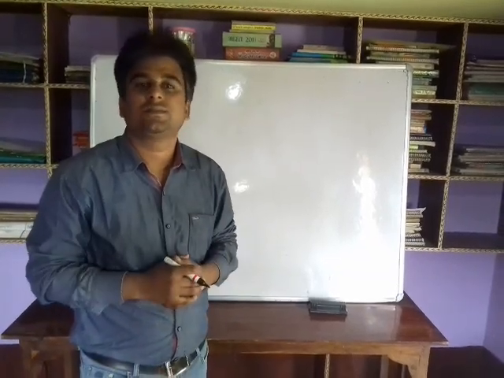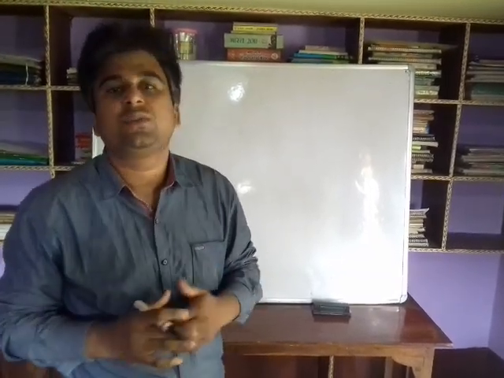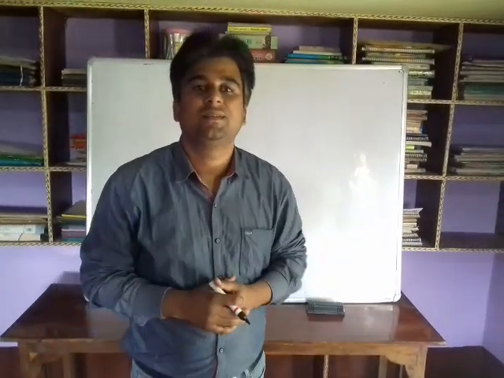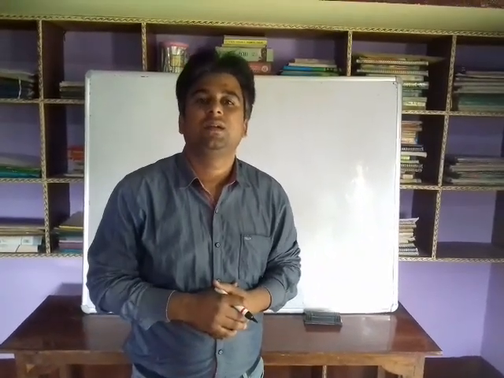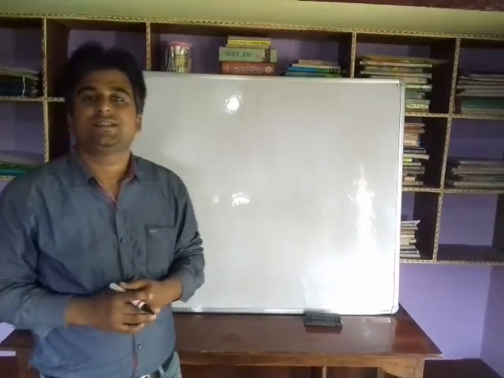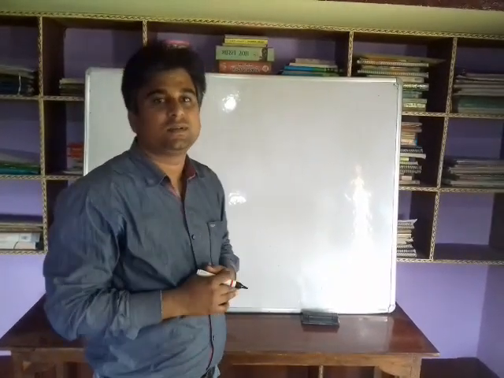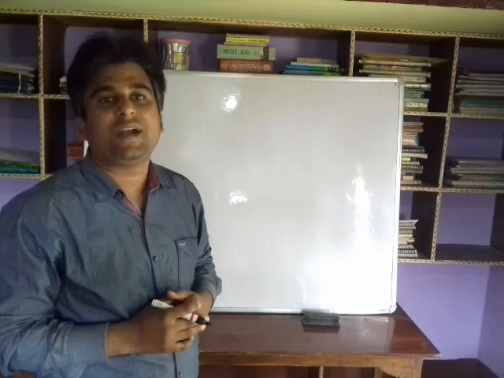So first we try to know what we have to read in this chapter of political science class 9 chapter 1. So first we see what we have to read.